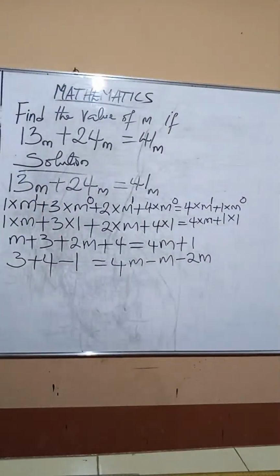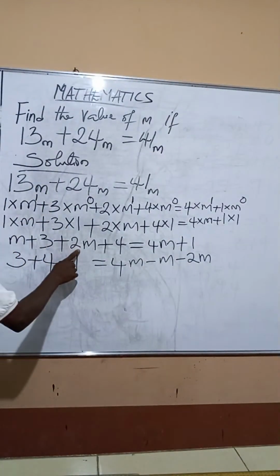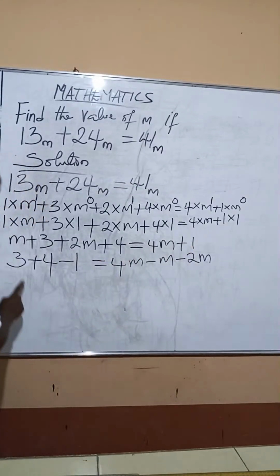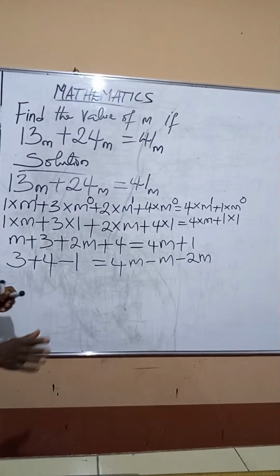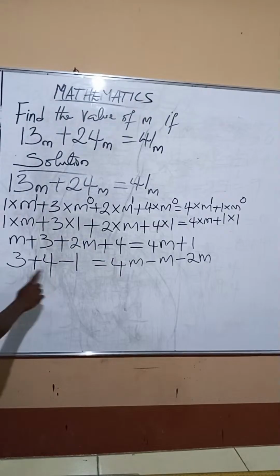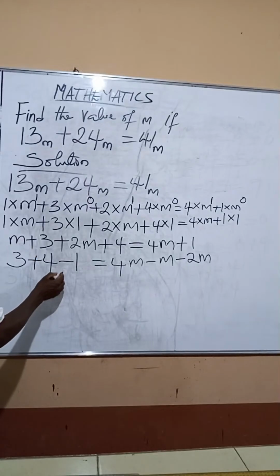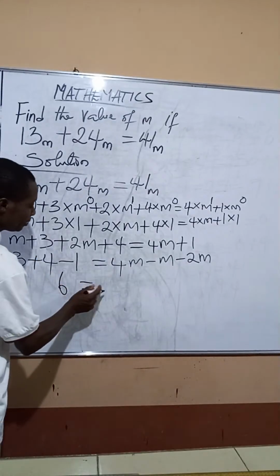If you check, we have 1, 2, 3, 4, 5, 6. So nothing has been omitted or neglected. So 3 plus 4 is 7, okay? And 7 minus 1 is 6. So which means we have 6 here at the left-hand side.